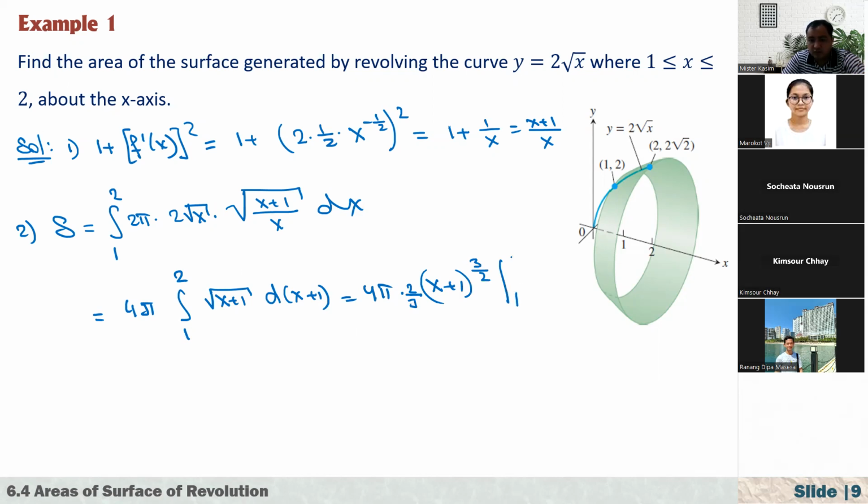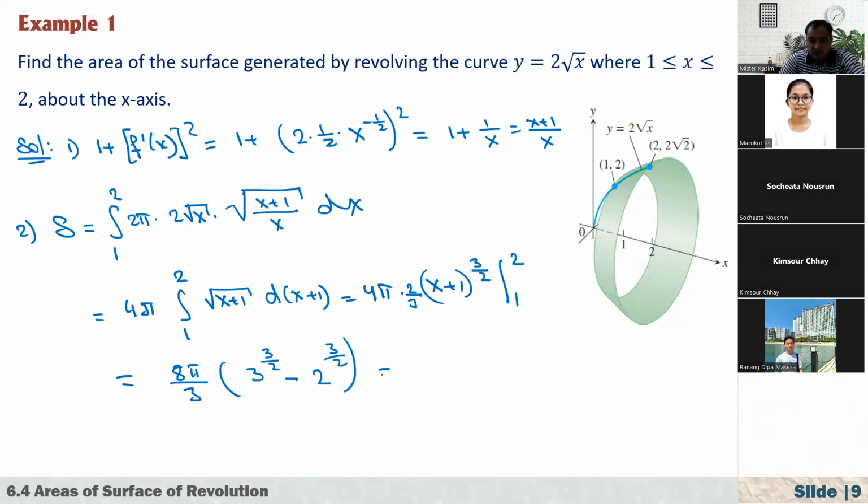With integration limits from 1 to 2, which is equal to 4 pi times 2 over 3, that is 8 pi over 3. When it is 2, 2 plus 1 is 3, so here we have 3 to the power of 3 over 2, minus, when it is 1, it is 2 to the power of 3 over 2.